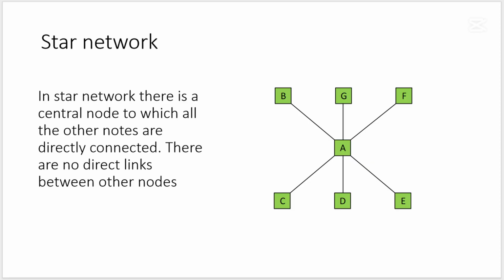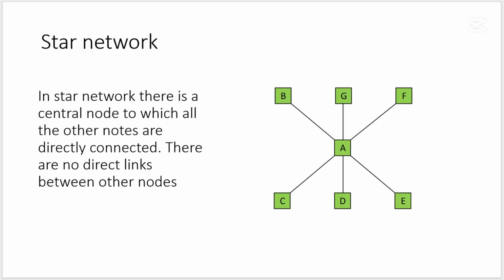So for the advantages, it has the capacity of managing the bandwidth comprehensively and flexibly, and it is also simple to deploy and manage. It is easy to add or remove a node without disturbing the rest of the network. So centralized control makes network management easier.